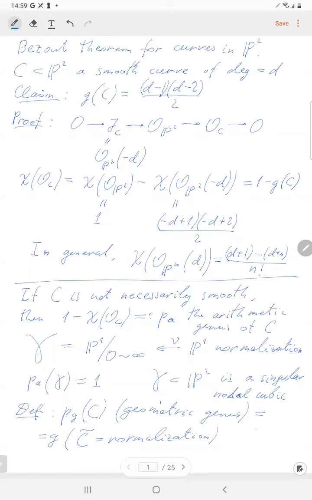So in particular, the geometric genus of this singular nodal cubic is 0.